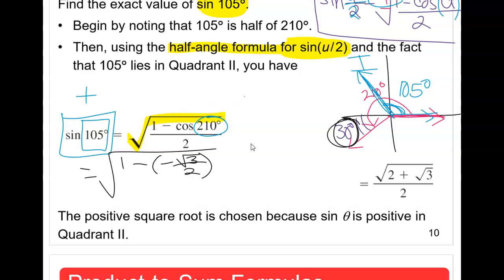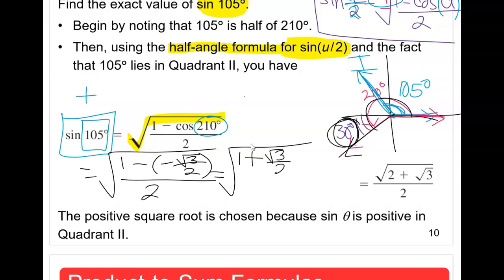But since we're in quadrant 3 for the angle 210, then for that reason it is negative. And then we are dividing by 2 here. So here we're going to clear the negative signs. 1 plus the square root of 3 over 2, and everything's divided by 2.